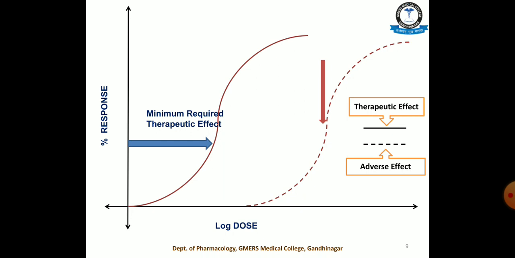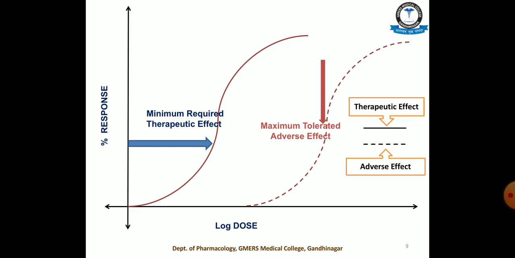Beyond this you cannot tolerate, or you cannot go further in increasing the dose, and again it varies from patient to patient, condition to condition, but there is a defined amount beyond which you cannot go, and that is known as the maximum tolerated adverse effect.